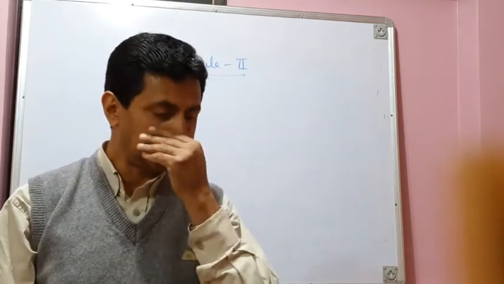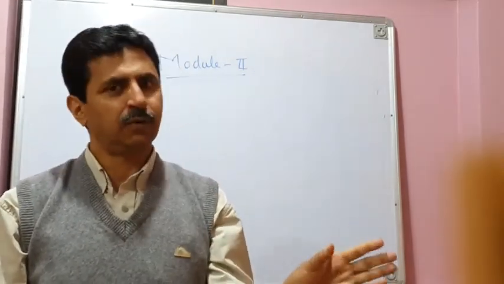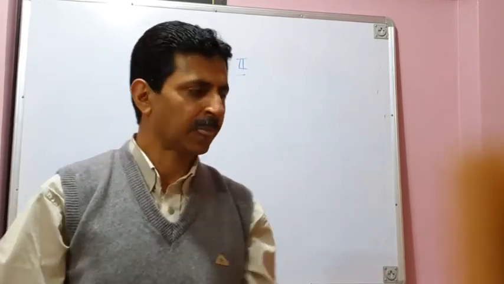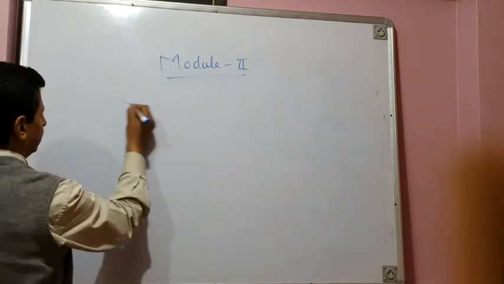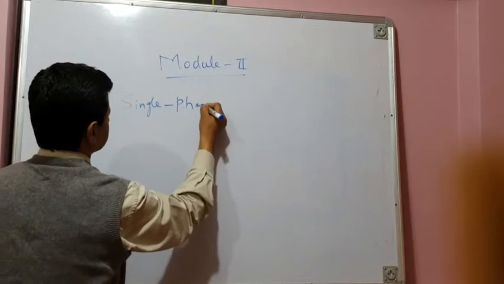Okay, and try to understand the operation of these converters with the help of waveforms for rectification operation, for inversion operation, and all that. Right? So if you start with single phase converters, like as a prerequisite, you must know about single phase converters.